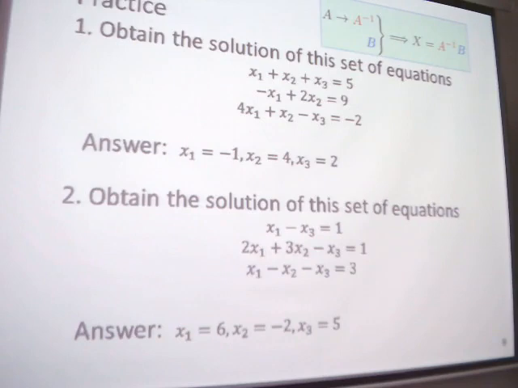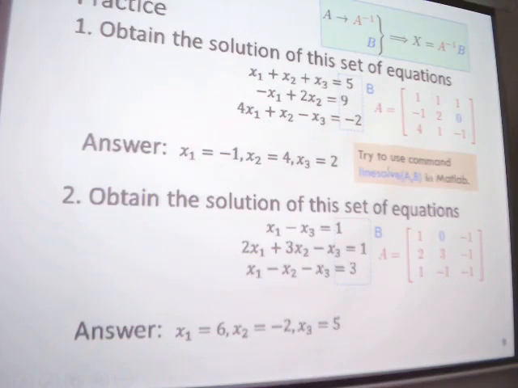It's easy, right? So we know the matrix A is the coefficients. The right-hand side is constants, right? We move all the constants to the right-hand side, and we get our B. And our A is just the coefficients of x1, x2, x3, so we easily get our A. And try to use the command linsolve A and B in MATLAB.